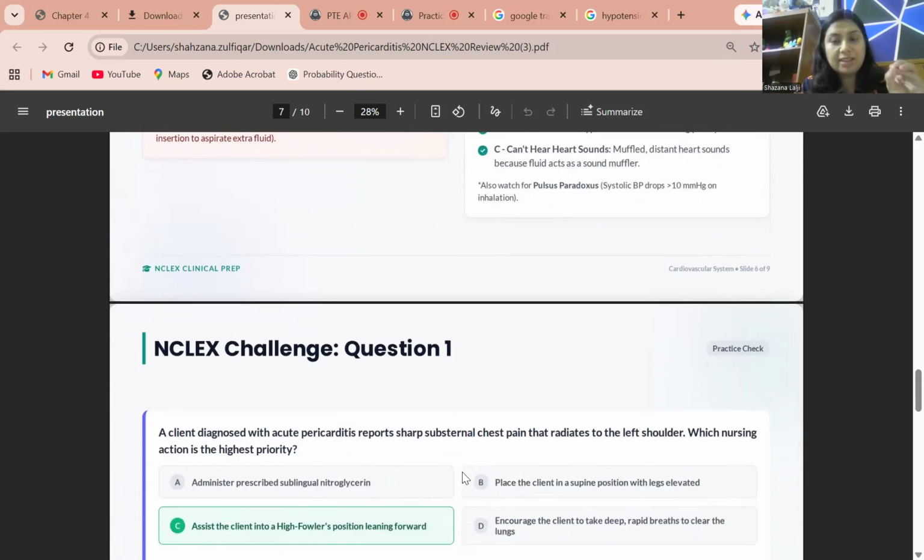As we already discussed in the session, assist the client into high Fowler position, leaning forward over the bedside table. Here it is also mentioned to administer sublingual nitroglycerin, which is ischemic MI treatment. We do not give nitroglycerin to a patient who has pericarditis.